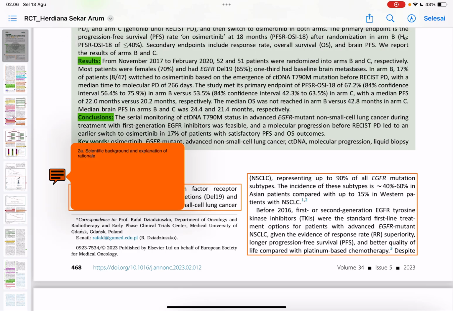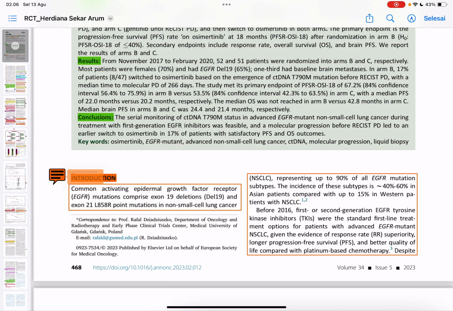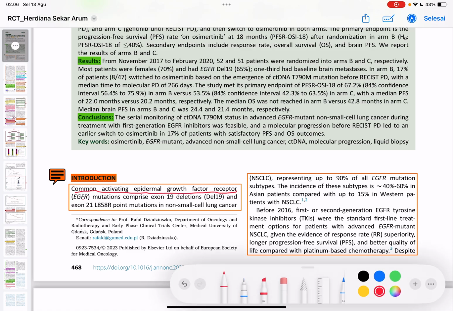The introduction is about the scientific background and explanation of rationale. And in here, there are the common activating epidermal growth factor receptor, or EGFR, mutations, exon 19 deletion and exon 21 point mutation, in non-small cell lung cancer.